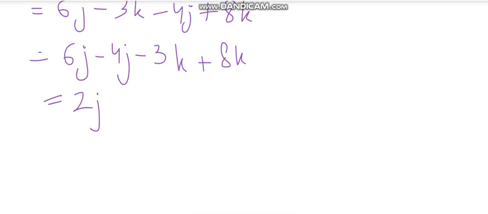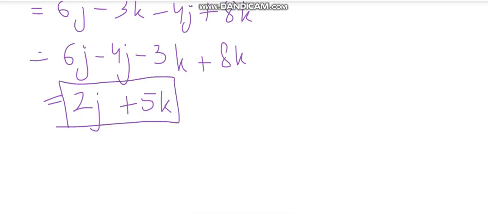Because we have different signs, we're going to subtract. So 8 minus 3 is 5, and k will remain the same. When we have different signs, we write the sign that is with the greater number, like 8, so we have plus. Because both of these are unlike terms, we cannot solve them further. So this is our answer.